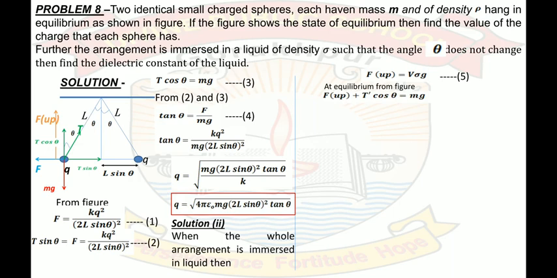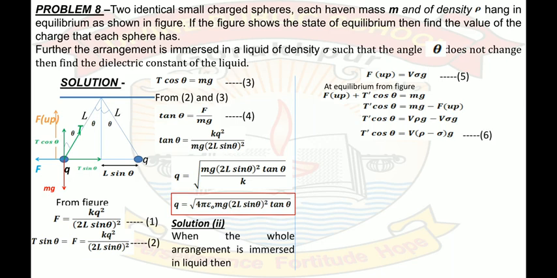So T dash cos theta is equal to mg minus F upthrust. Now mg can be written as V rho g, where V is volume, rho is density of the mass, and g is acceleration due to gravity, minus V sigma g. V and g can be taken common, so T dash cos theta is equal to V into rho minus sigma into g. Let this be equation number 6.